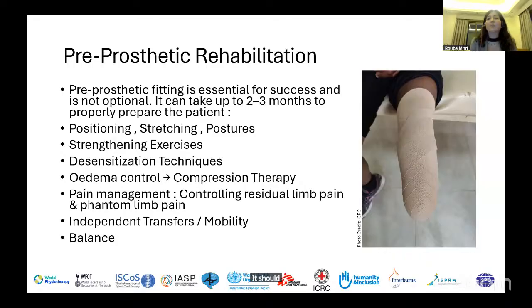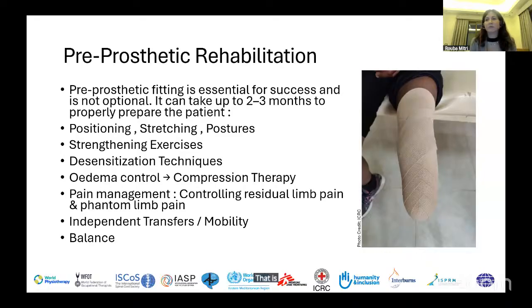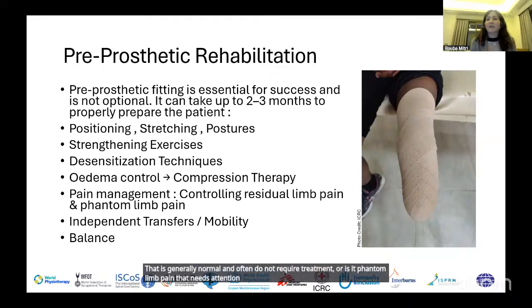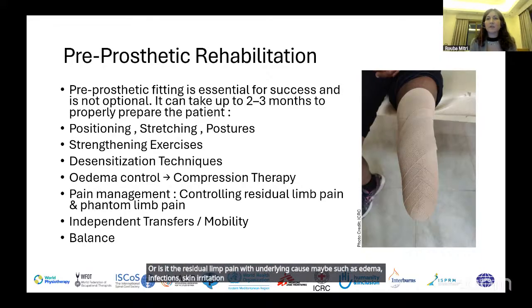It should start by properly identifying the type of pain, whether it's just a phantom limb sensation that is generally normal and often does not require treatment, or is it phantom limb pain that needs attention by taking the appropriate medication and undergoing physiotherapy, or is it the residual limb pain with an underlying cause, maybe such as edema, infection, skin irritation, pressure point. So pain management is crucial.